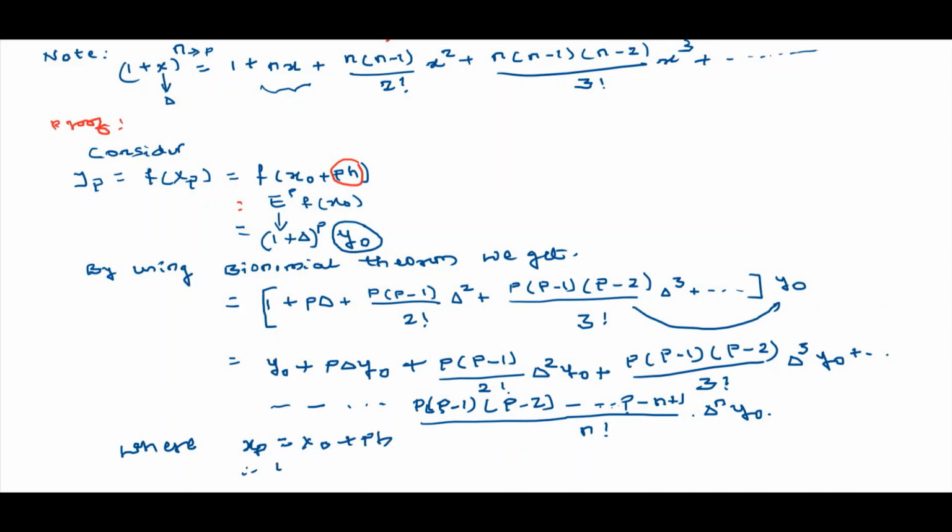Therefore, p we can write it as, transposing x naught to the left hand side, xp minus x naught, and now transposing h to the right hand side, divided by h. So please remember the value of p is equal to xp minus x naught divided by h, which is used in Newton's forward interpolation formula.